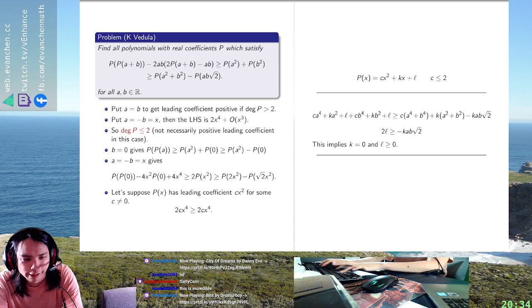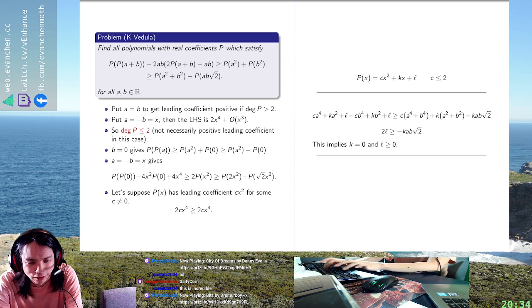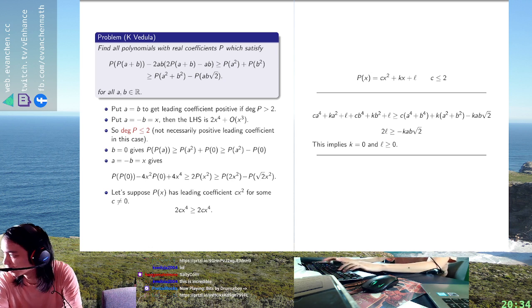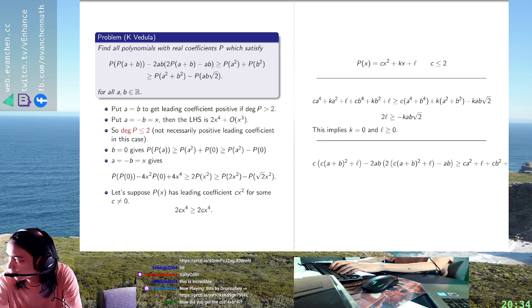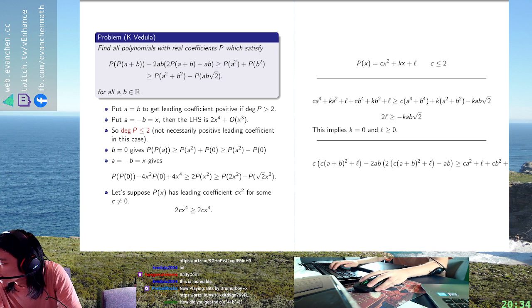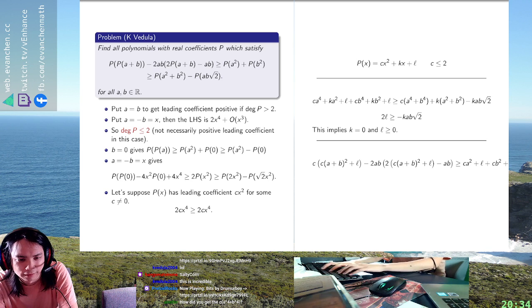This is supposed to be greater than or equal to c A squared plus L plus c B squared plus L. So I'm really glad I did the right hand side first, because otherwise this would be a disaster. Sorry, I screwed up. This should say squared plus L.